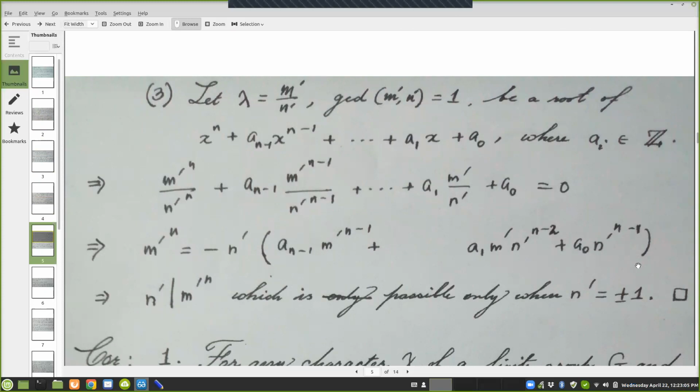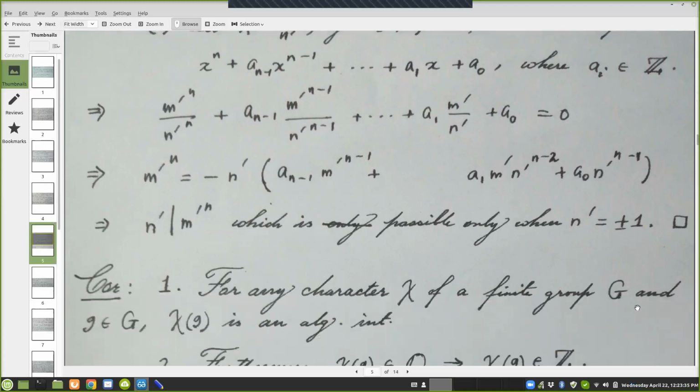Now this is an integer, therefore n prime divides m prime to the power n. Since m prime and n prime are co-prime, this is possible only when n prime is plus or minus 1. That shows lambda has to be an integer. The proof is fairly simple, but as I said, this innocent looking property actually provides us one of the most powerful techniques.